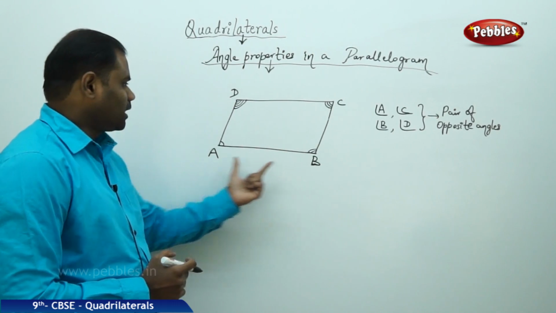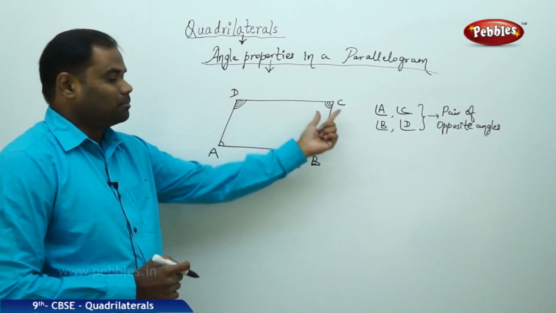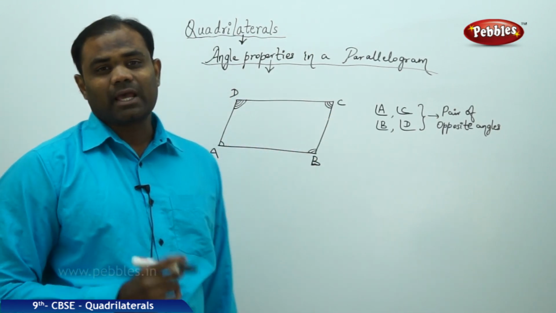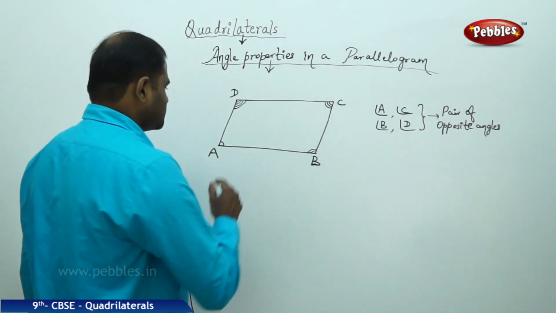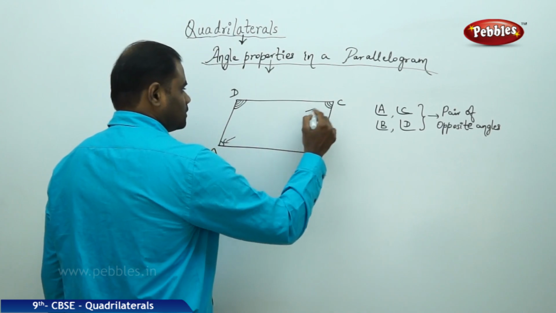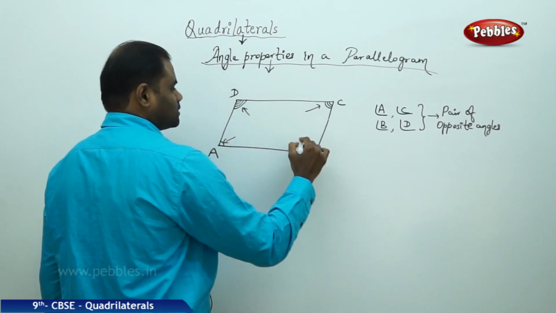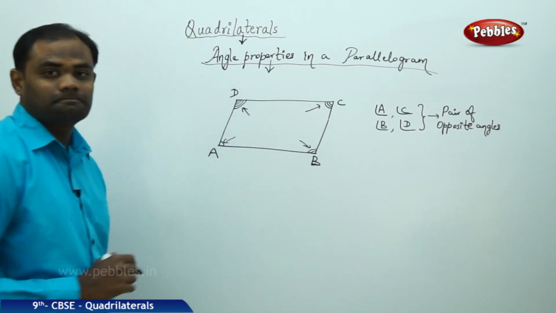For a parallelogram ABCD, the property says that opposite angles of a parallelogram are always equal. That is, this equals this and this equals this.